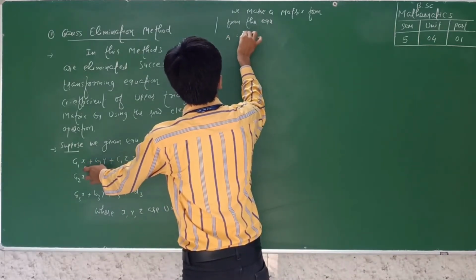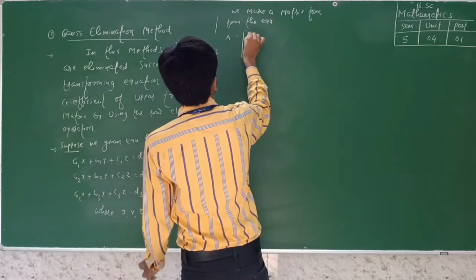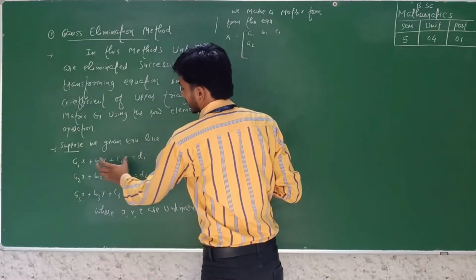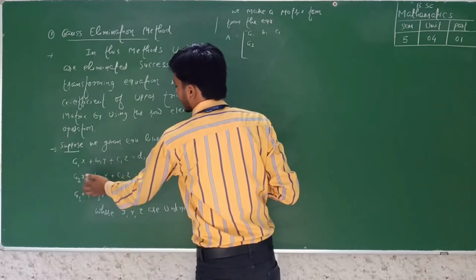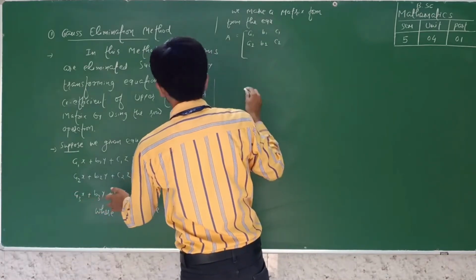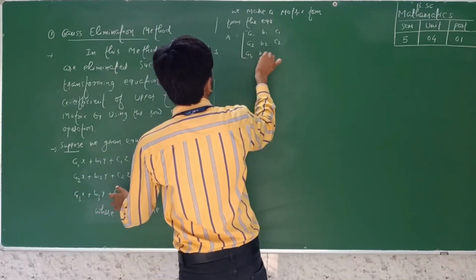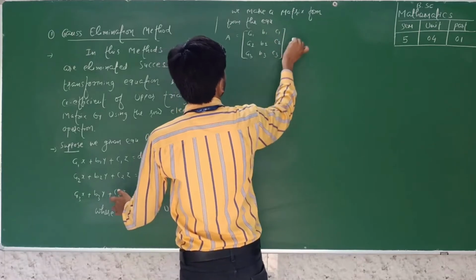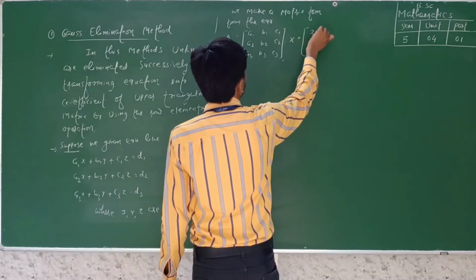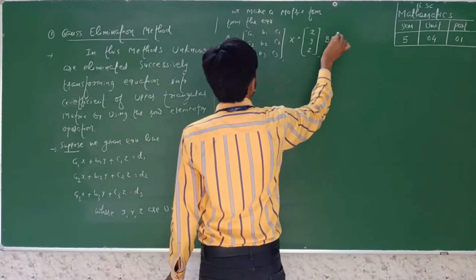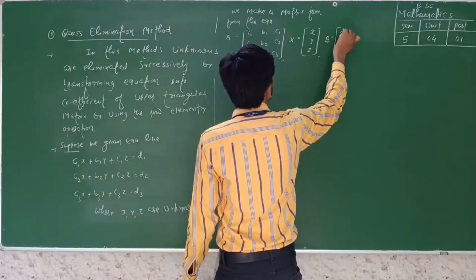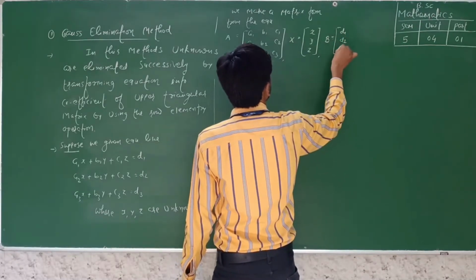A is the 3 by 3 coefficient matrix: a1, b1 and c1; a2, b2 and c2; a3, b3 and c3. X, capital X, is the matrix of the three unknowns x, y and z, and B is equal to d1, d2 and d3.